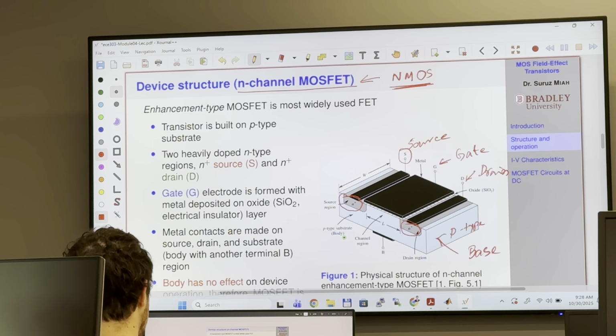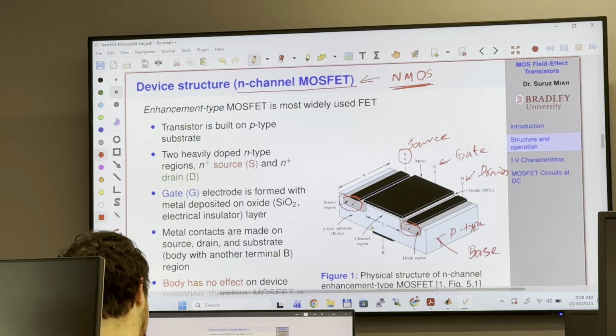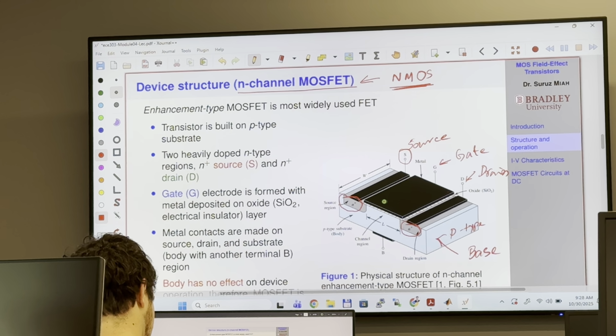Okay. Now the base is P-type material, and then you have a metal. In between you insert some dielectric material. It's called silicon dioxide. Just like the capacitor you learned about in 214.